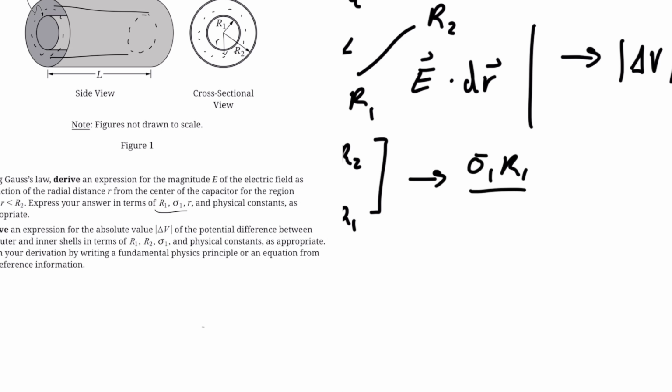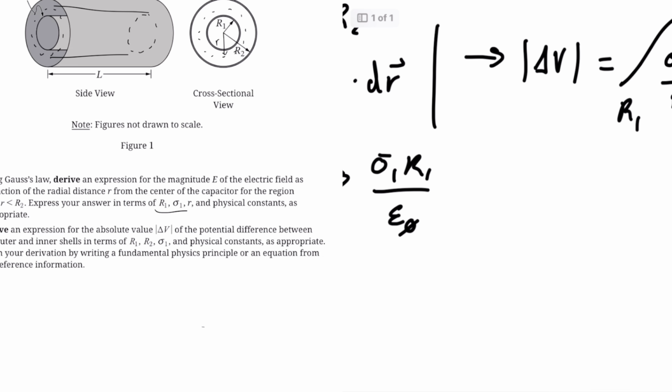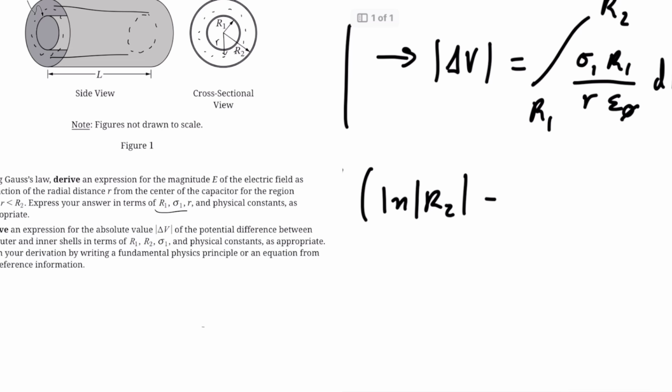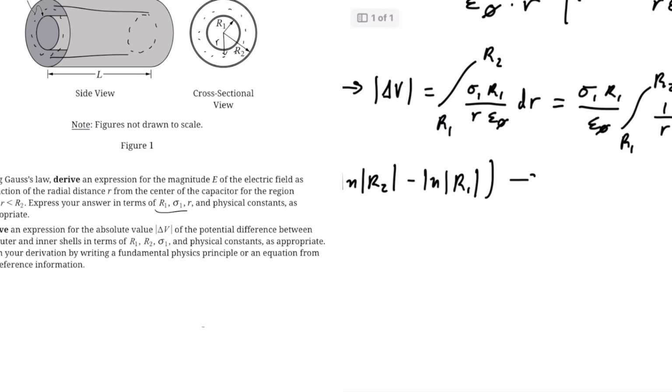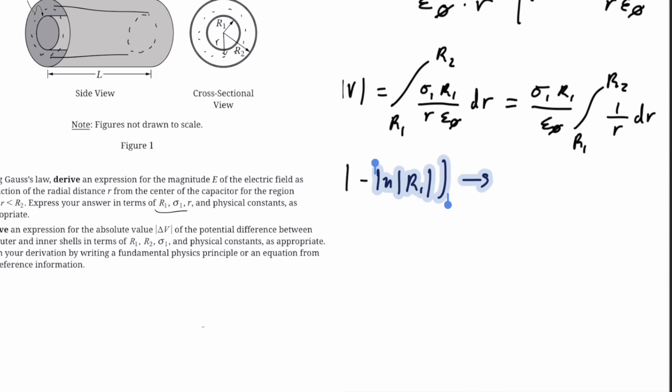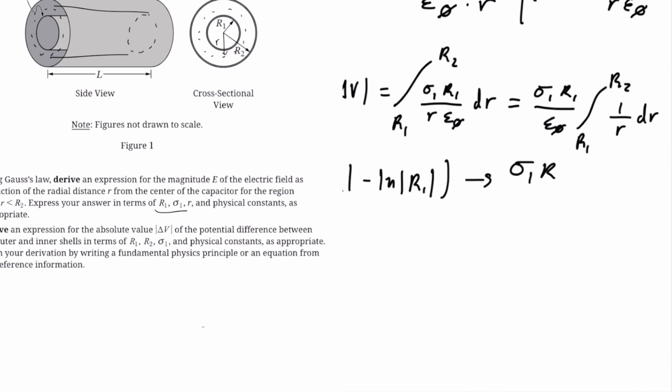This is a lot of steps, but what you could recognize at this point is that this will turn into ln R2 minus ln R1. I should zoom out so you guys can see the whole thing. And then you use your rules of logs, and then you get this expression where it's sigma 1 R1 over epsilon naught. This is your rule of logs. Whenever you subtract them, you can put them like this as if they're being divided, and this is your final potential difference expression.